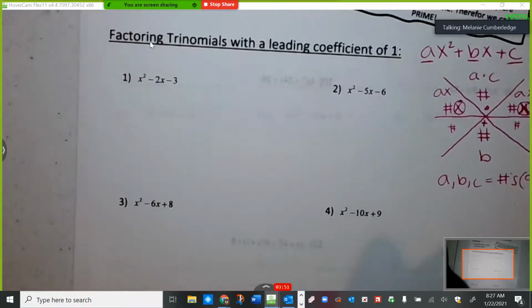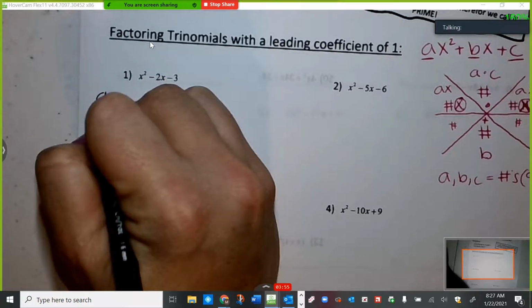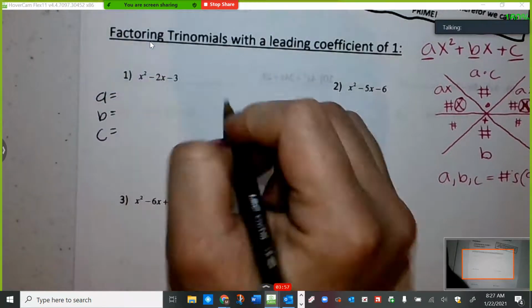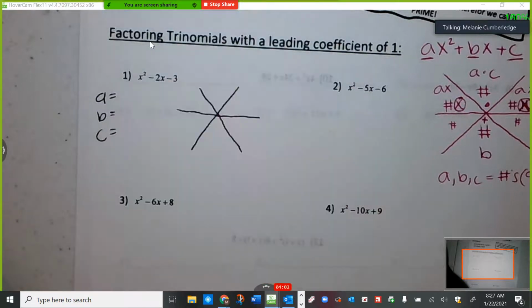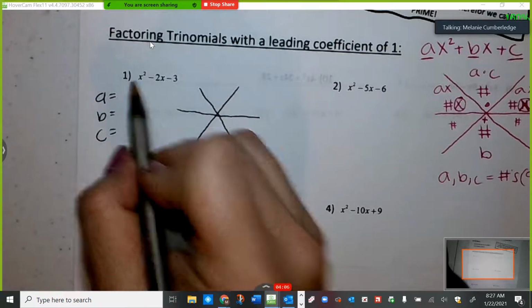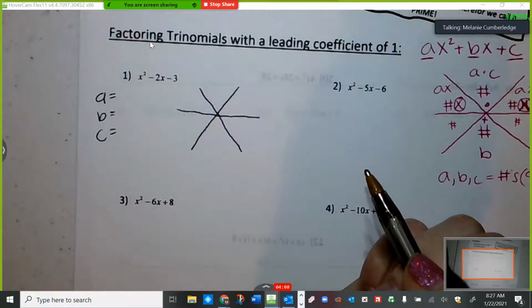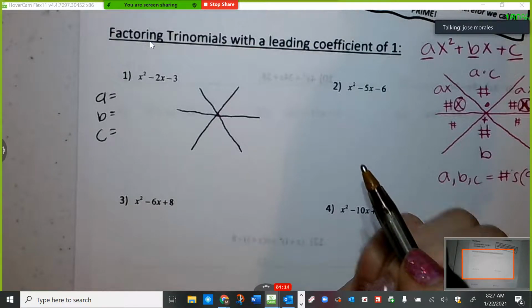So let's look at number 1. What does my A equal here? If there's not a number in front of x, what number can we put? 1.